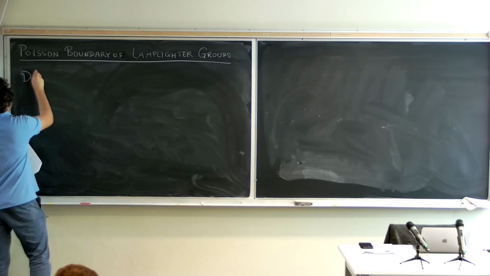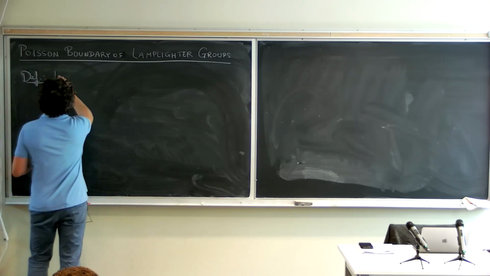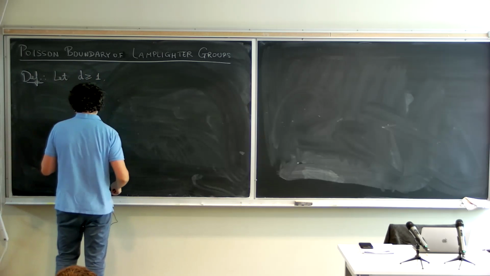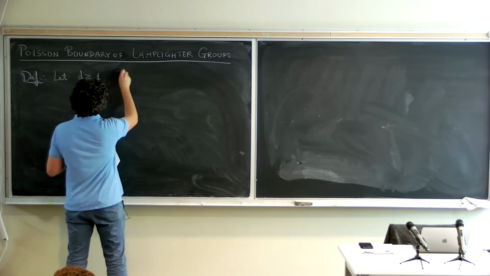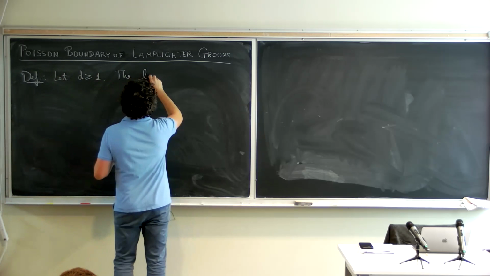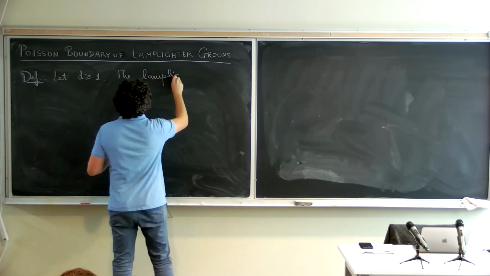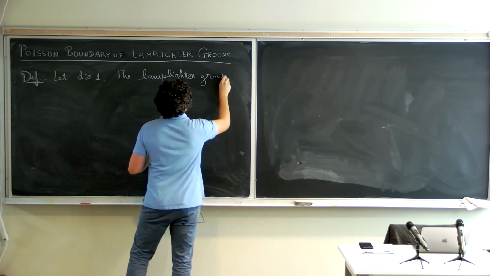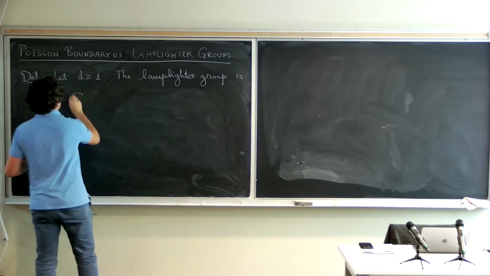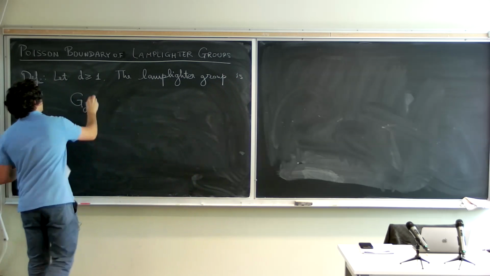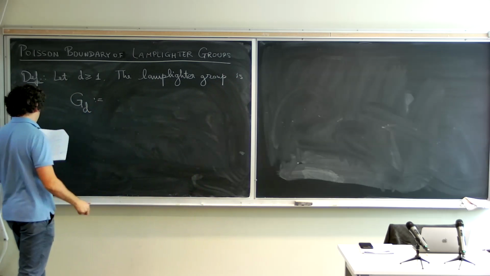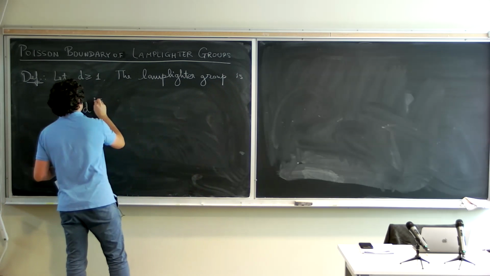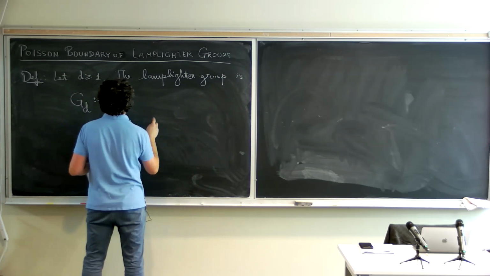So the definition that I already gave is, if D is the dimension, then we define the lamplighter group GD. So it's the semi-direct product of ZD and an abelian group.